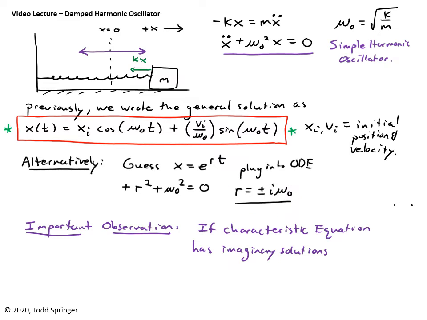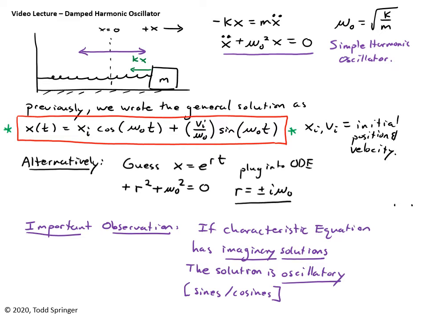Plus or minus i omega 0, those are two imaginary solutions to that characteristic equation. The solution is oscillatory, meaning it can be written in terms of sines and cosines, or it's something that oscillates back and forth and back and forth. So if you have an imaginary solution to your characteristic equation, you have an oscillating function. And this oscillating function in this case has a physical interpretation of the mass going back and forth on the spring.